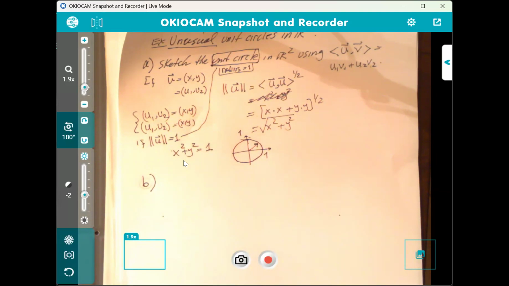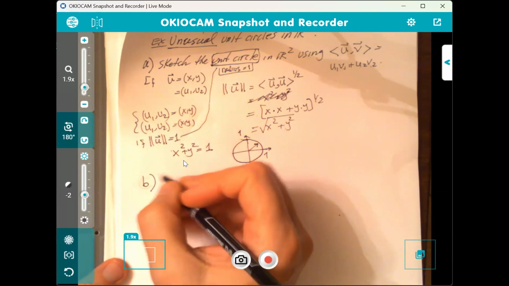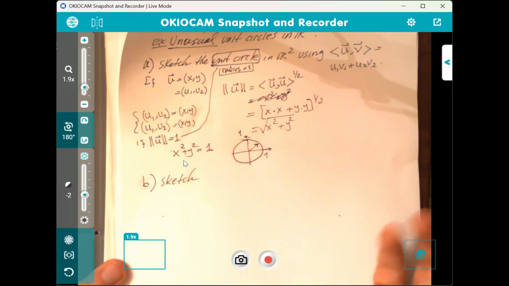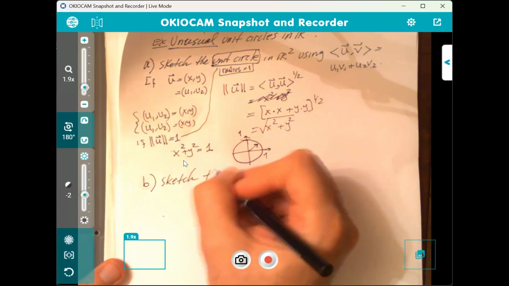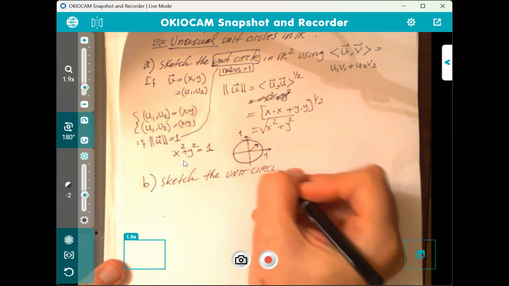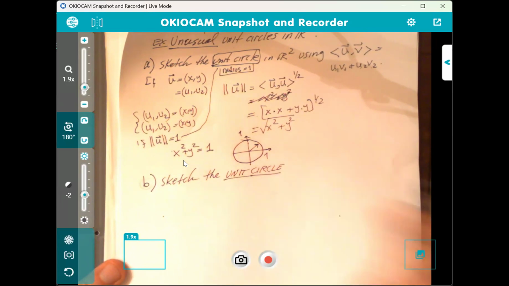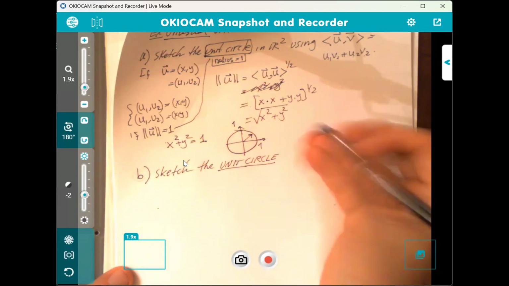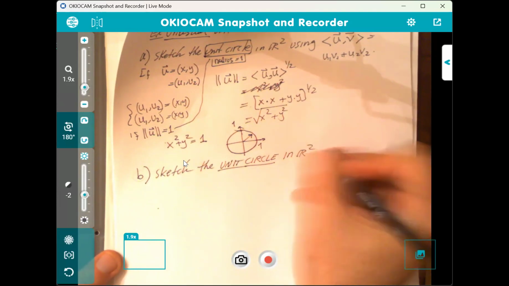Okay, now let's take a look at part B. In part B, this is the part that's going to be kind of interesting. We want to sketch the unit circle in R2.